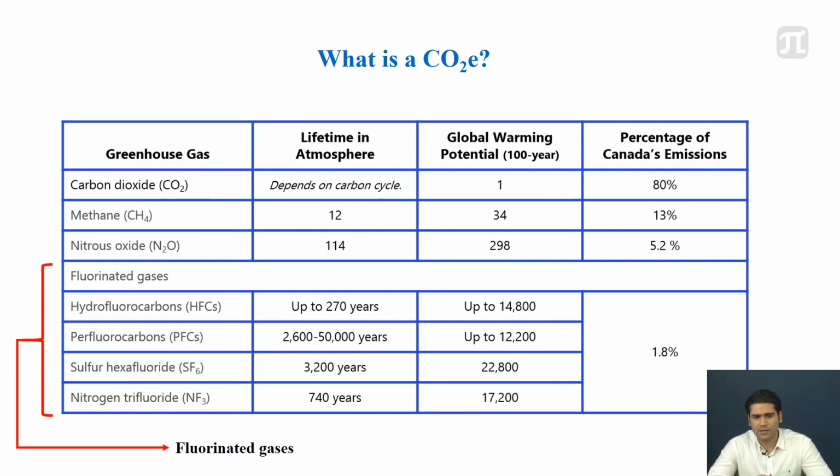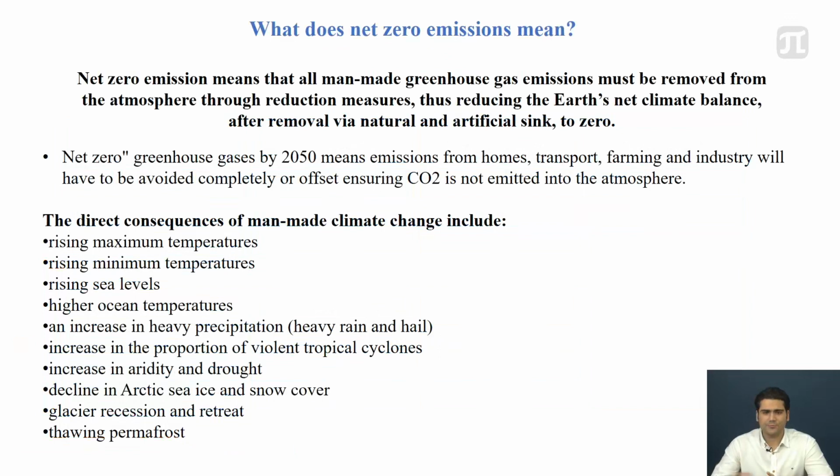In this field, carbon dioxide is the most important one for us because of the percentage of emission all over the world. Here we have an example for Canada, but all over the world it is very, very high. Almost 80% of all greenhouse gas is carbon dioxide, and it's very important for us to consider this emission.